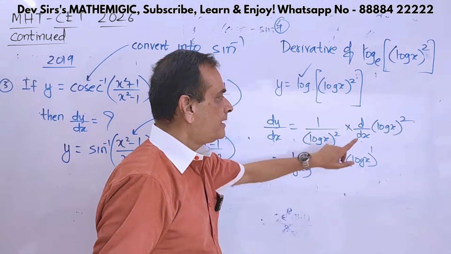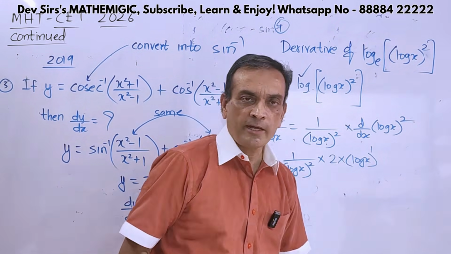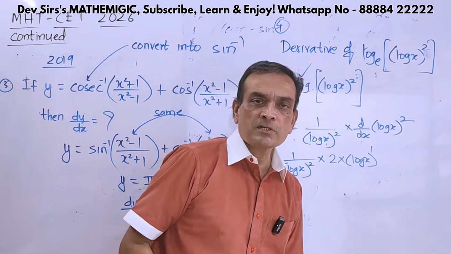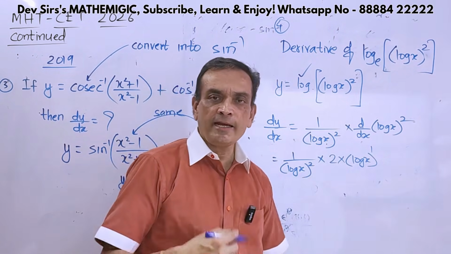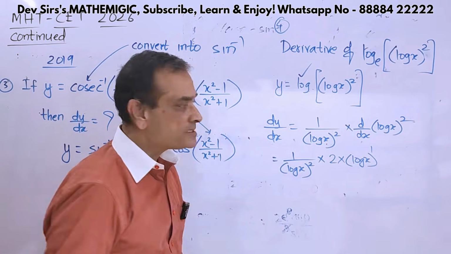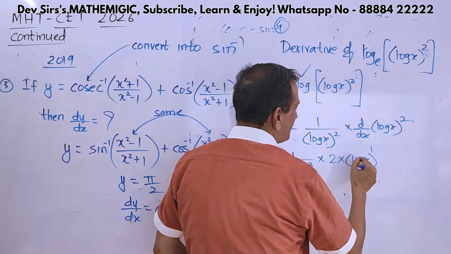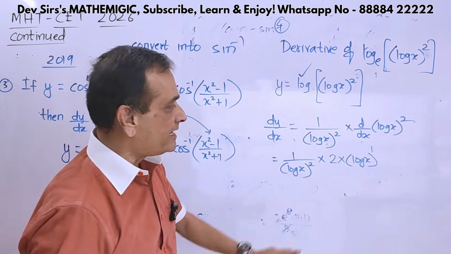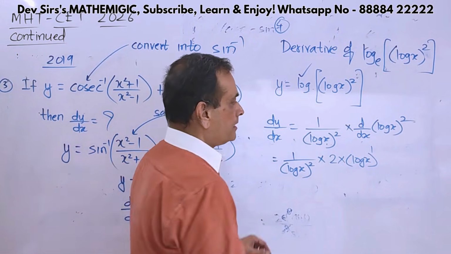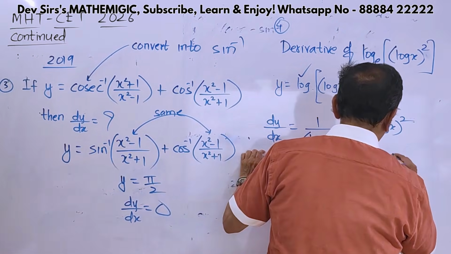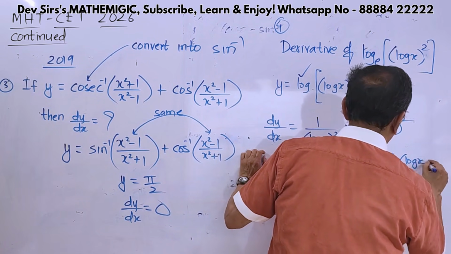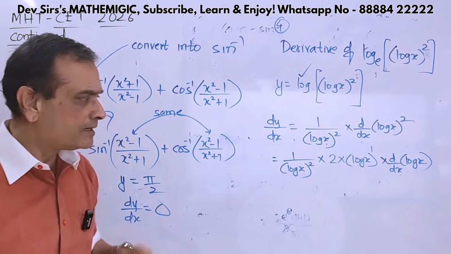First you have to take n x raised to n minus 1 for any function. That is the rule. If (sin x) whole squared was there, 2 sin x and then derivative of sin x. In the same way, 2 comes in front, log x raised to 1. This is not the rules of log, confusion nahi hai. I am taking the derivative into d by dx of log x. Basic chain rule.